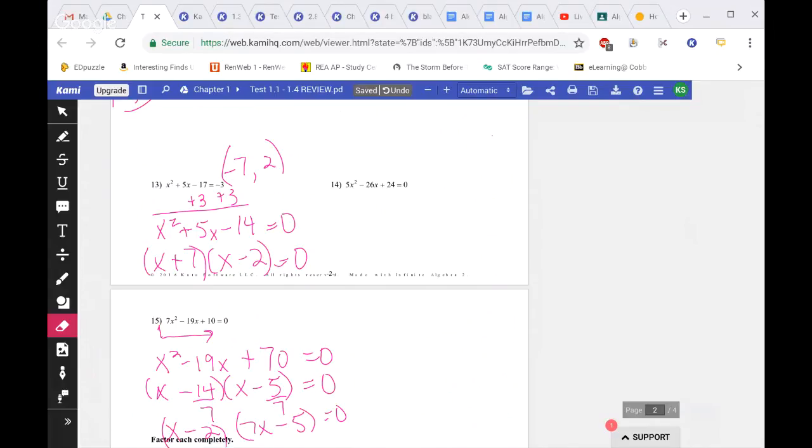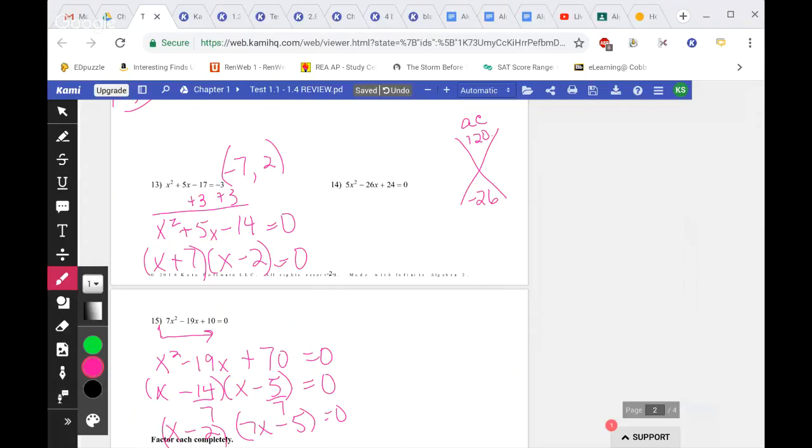So I believe what she does is multiplies the A and the C together, correct? Uh-huh. Okay. So 5 times 24, which is 120. And then she takes the B value and puts it down here. Does she do it like that? Yeah, kind of.